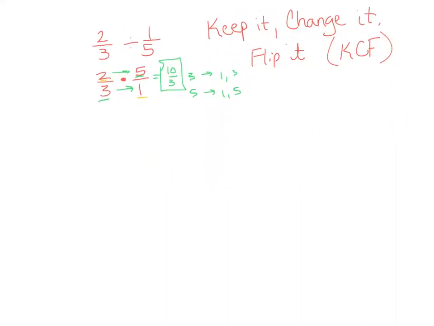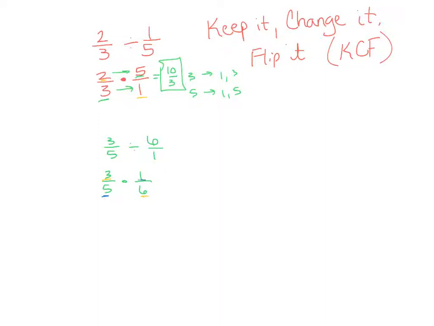The next problem says 3/5 divided by 6. I'm going to make 6 a fraction and put it over 1. So I keep the first fraction, change division to multiplication, and flip 6 over 1 to 1 over 6. So, looking at opposites now.